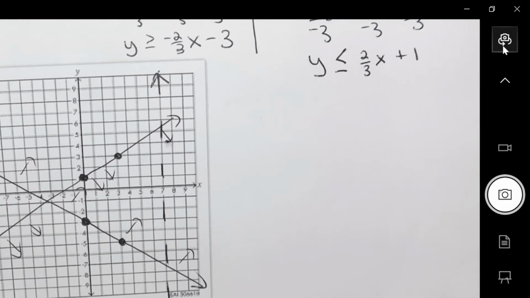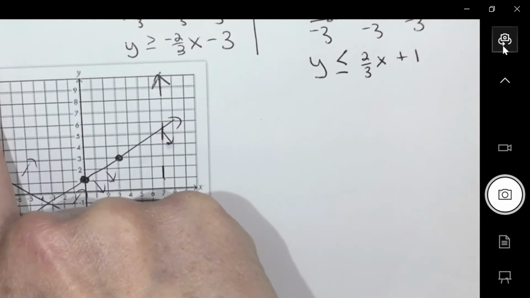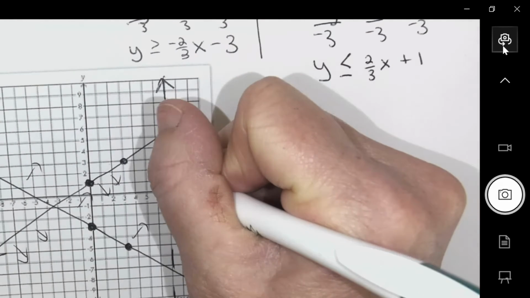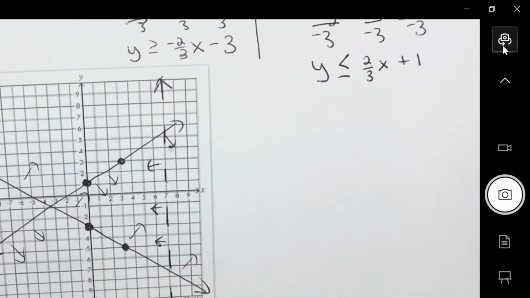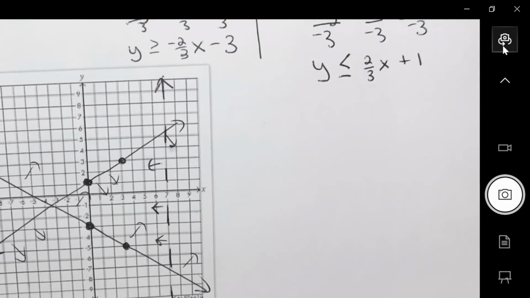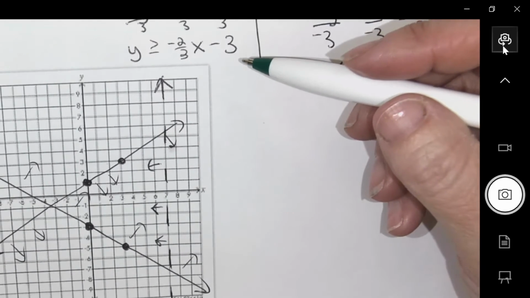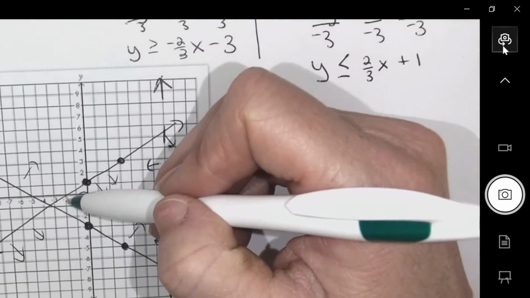Because I can't be equal to it, it just says less than, so not equal to it. Then I have to be less, so I have to go left of it. And then I'm picking where to shade that's going to work for all three things.